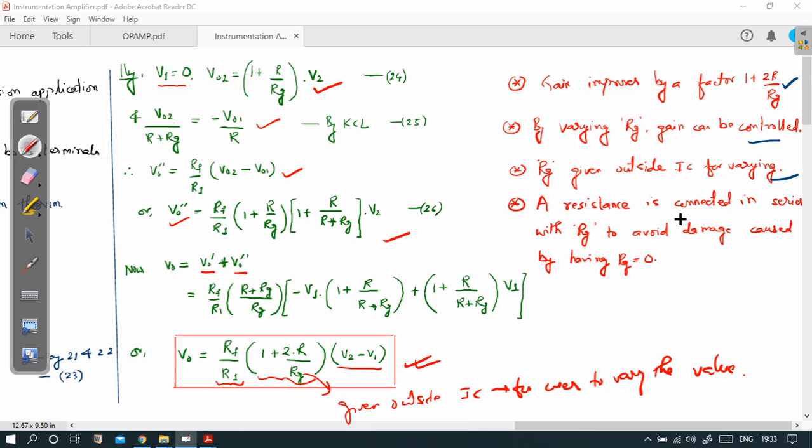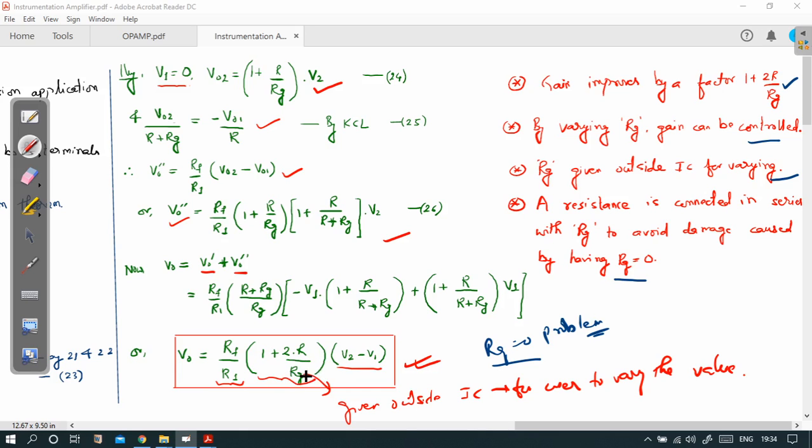A resistance is connected. When RG becomes 0, that's a problem. To solve this problem, a resistance is connected in series with RG to avoid damage caused by having RG equal to 0. The manufacturers can add a small fixed resistance in series with RG, so that if you accidentally make RG equal to 0, even then the denominator would not become completely 0.